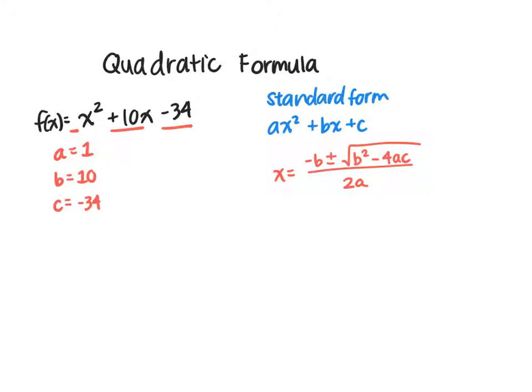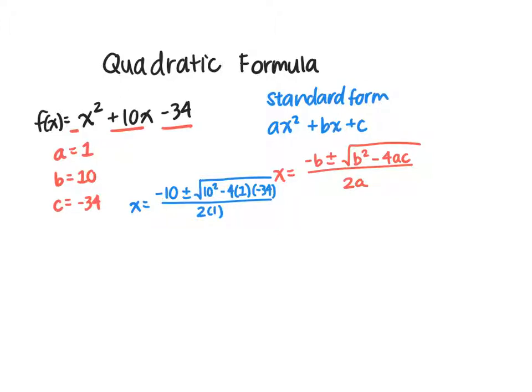So we get x equals negative b plus or minus the square root of b squared minus 4ac all over 2a. The first thing we're going to do here, for order of operations, is solve what's in the radical first.